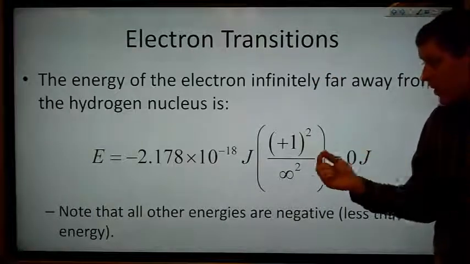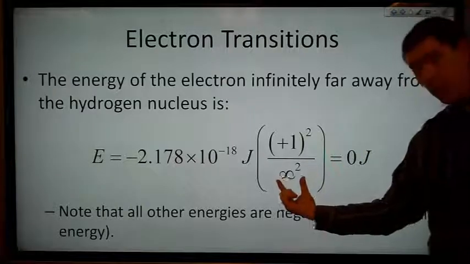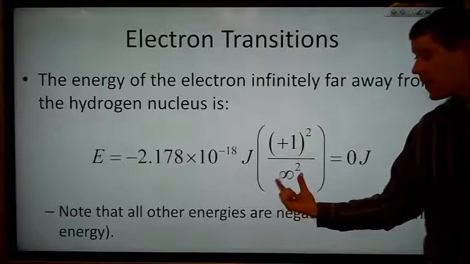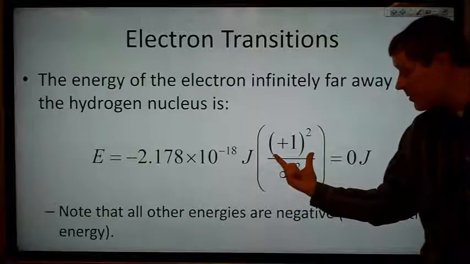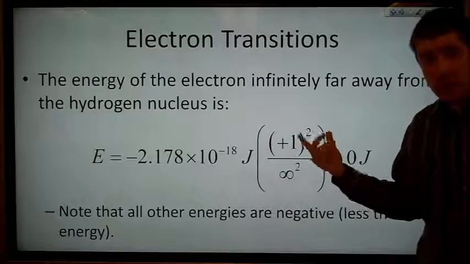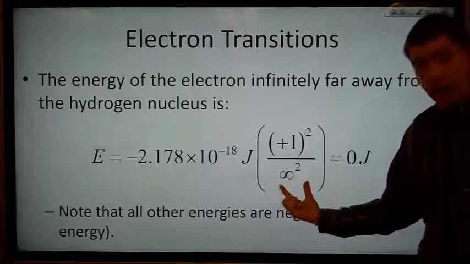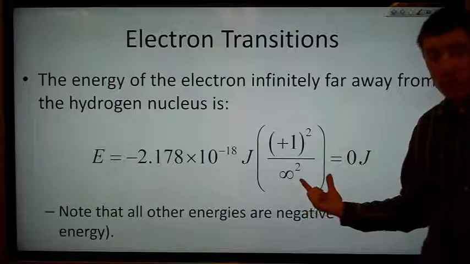But note that any other energy, anything else that we put in here other than infinity, gives us a negative value, because we'll always have a positive charge on the nucleus. Even if it were negatively charged, it's still squared, which gives us a positive value. That N value is squared. N is always positive, but even if it wasn't, it would still be squared.